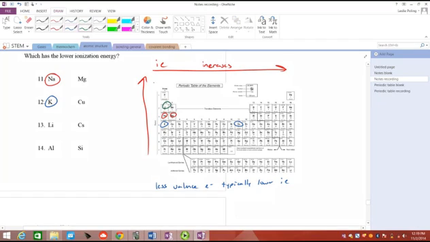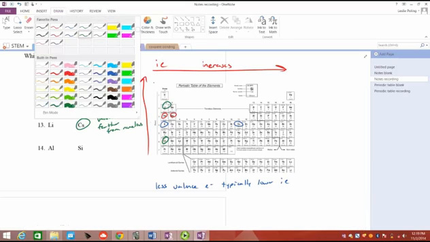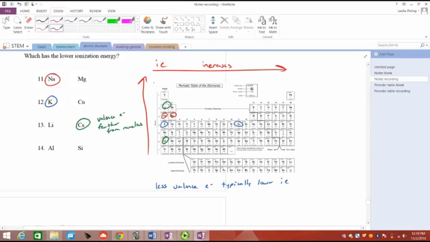Looking at lithium and cesium. Cesium would have a lower ionization energy. The valence electrons are farther from the nucleus. And if we look at aluminum and silicon, it would be aluminum.